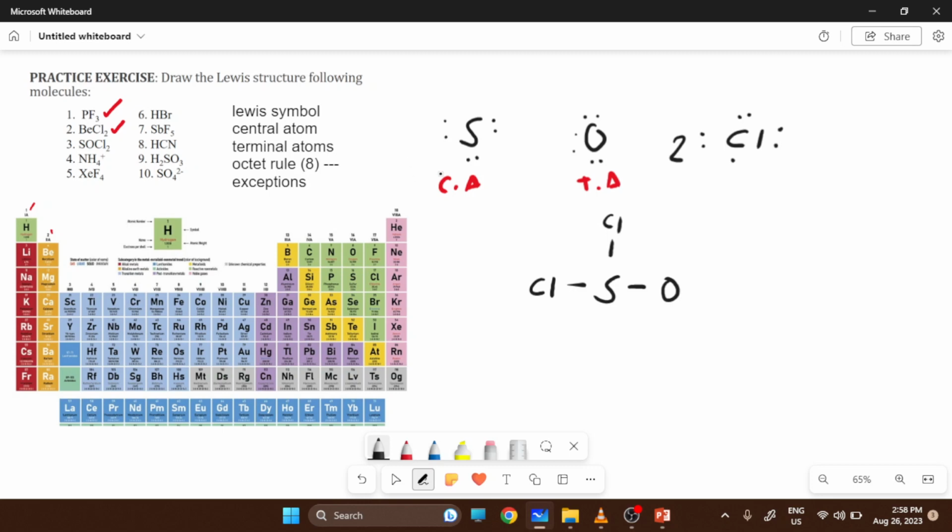The question here is, how many remaining dots does our central atom have to bond to the 3? There are 3 remaining electrons here.